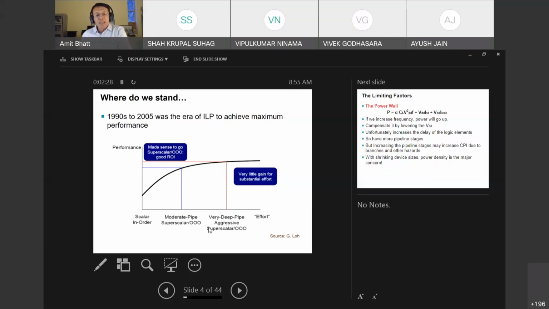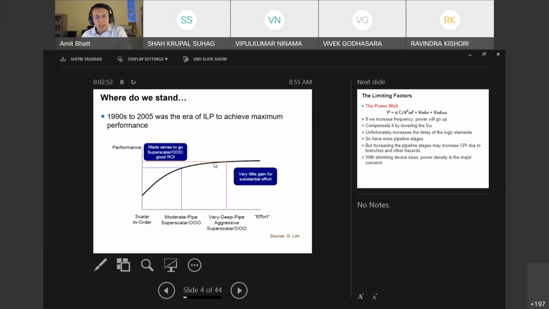Then you got very deep pipelines, meaning instead of 8 or 10 or 12 stages, you went into 20 or 25 stages. Then you went into aggressive superscalar, meaning many-issue: 8-issue with many functional units, out-of-order execution, speculation, all the things available to you.